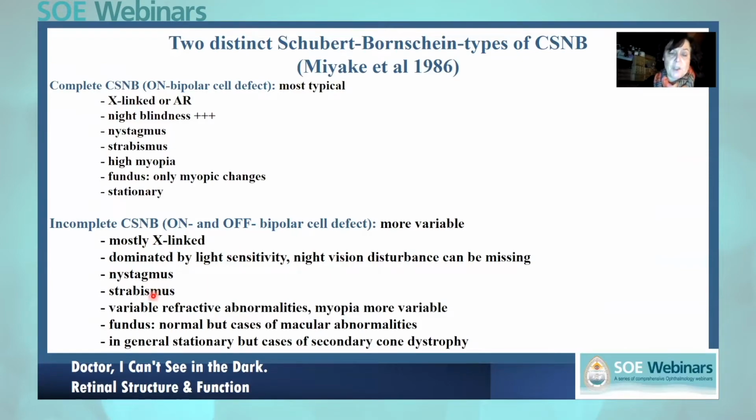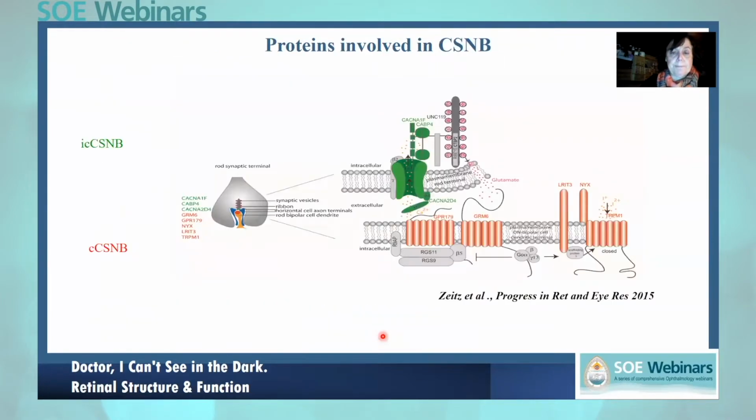Nystagmus and strabismus are usually present. The refraction is a bit more variable. Myopia can be present, but maybe less commonly than for the complete form. Fundus abnormalities include, of course, myopic changes, but there are some cases of macular abnormalities that have been reported.